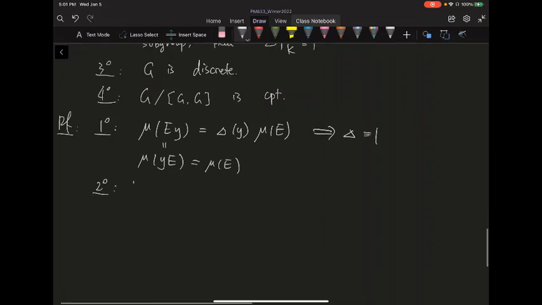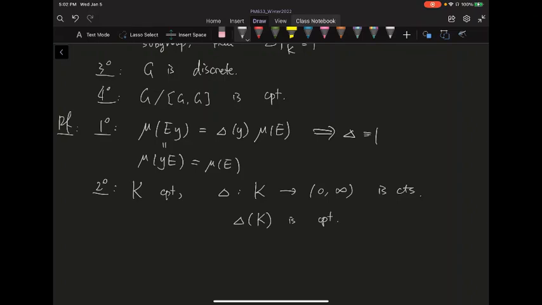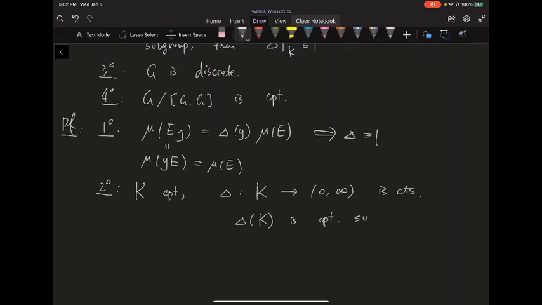If K is compact, consider delta from K to the multiplicative group of the positive reals. This is a continuous map, as we saw last time, and a continuous map maps compact sets to compact sets. So the image is a compact subgroup of 0 to infinity.